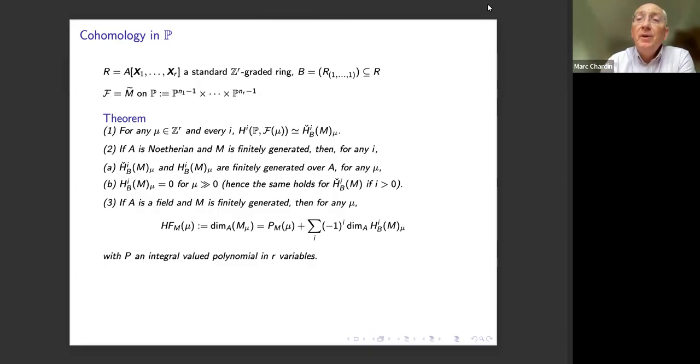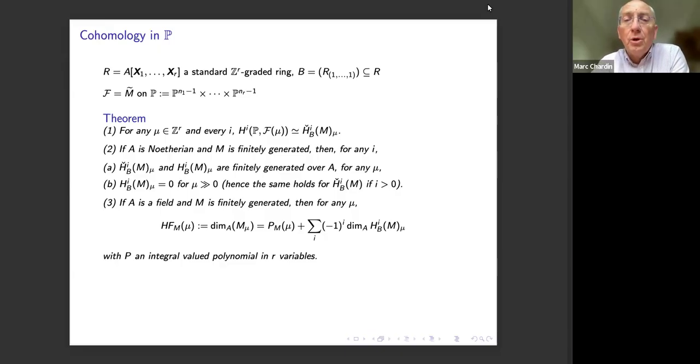Now, if A is a field and M is finitely generated, then you also have the classical so-called Grothendieck-Serre formula, which tells you that the Hilbert function can be computed. This is the dimension over the field of the graded pieces.